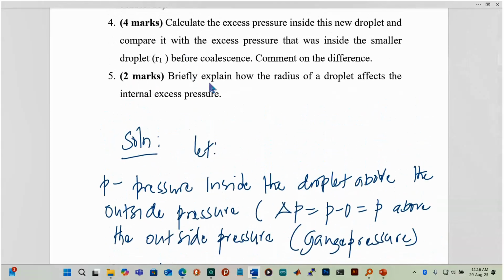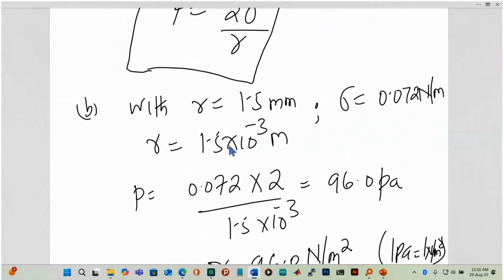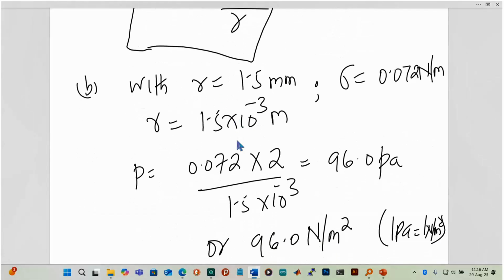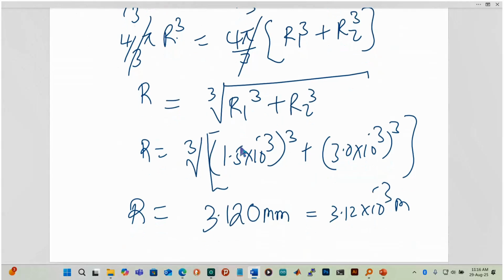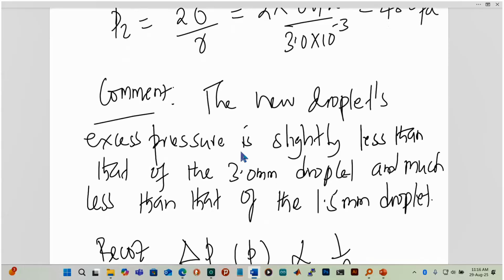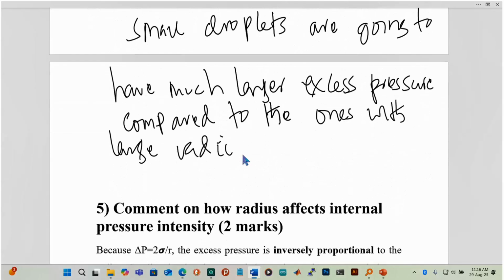In explanation, according to this formula, P is equal to 2 times sigma divided by R. If we keep sigma, the surface tension, constant, then we vary R. You realize that as R increases, P reduces, and therefore P is inversely proportional to R, making droplets of small radius have large excess internal pressure, and those with a larger radius give us small pressure.